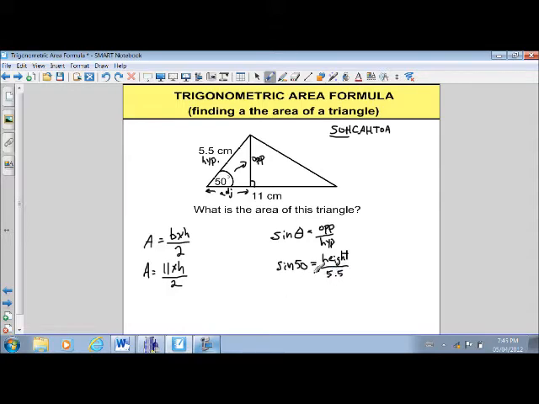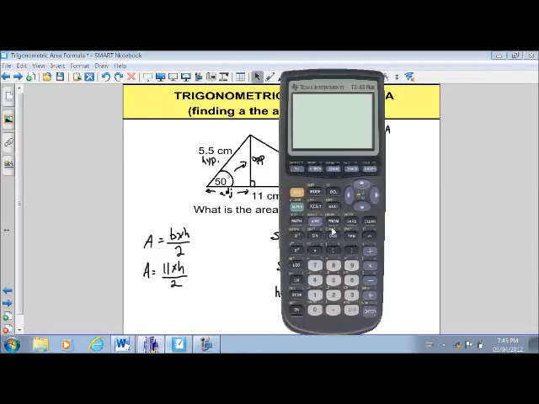After that, we do our algebra. We multiply both sides by 5.5, and we have the height equals 5.5 times the sine of 50. And then we can bring up our calculator.